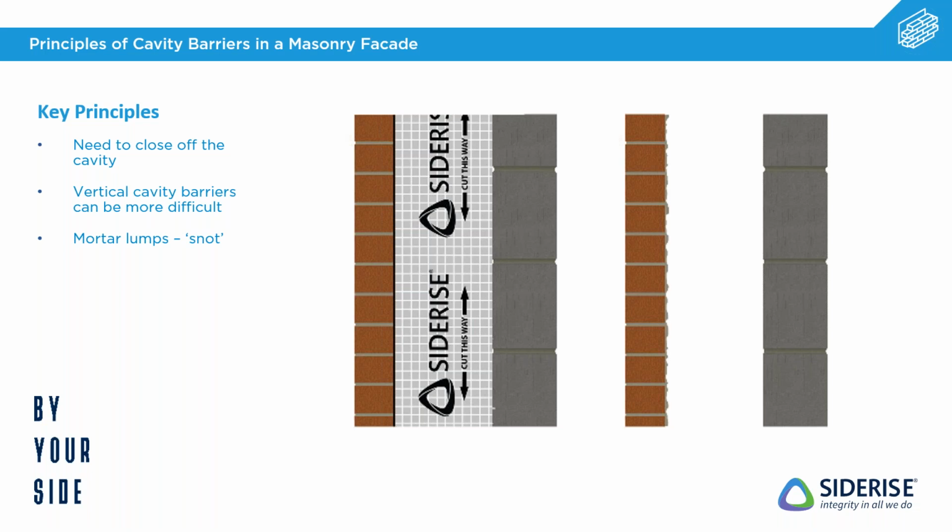And particularly if you're revisiting a building, perhaps installing cavity barriers around openings where the brickwork's already set, you quite often get mortar lumps on the back, which can give quite an uneven back surface when you're trying to make sure there are no gaps.